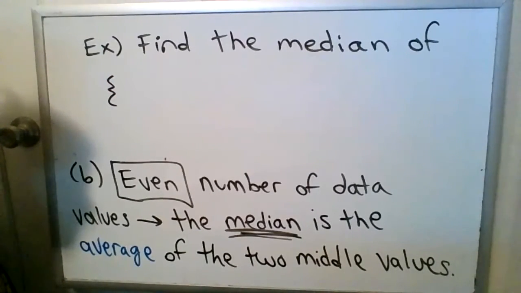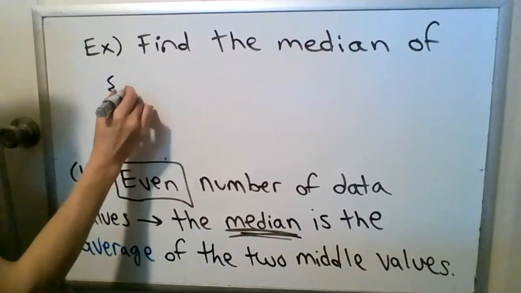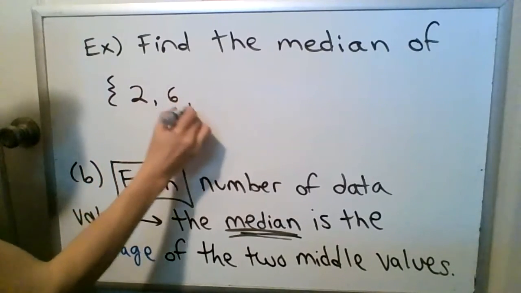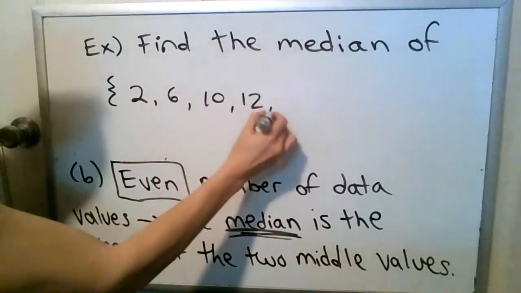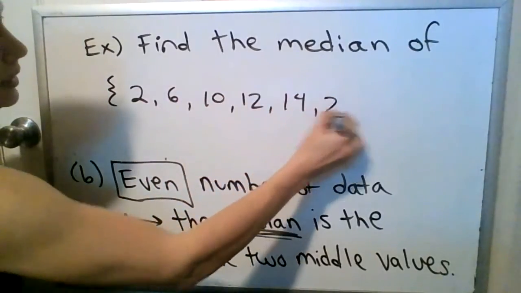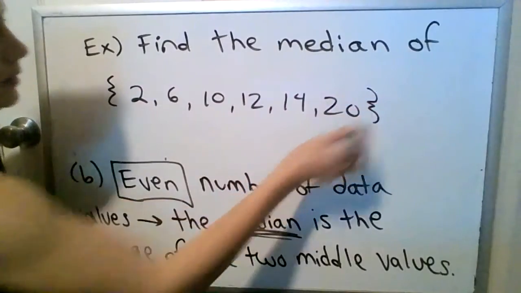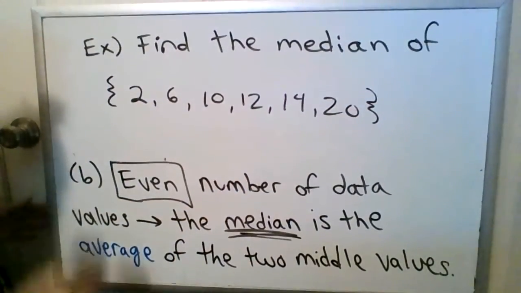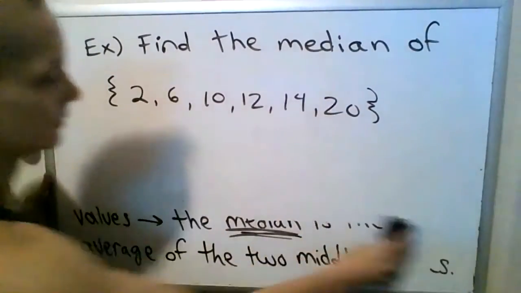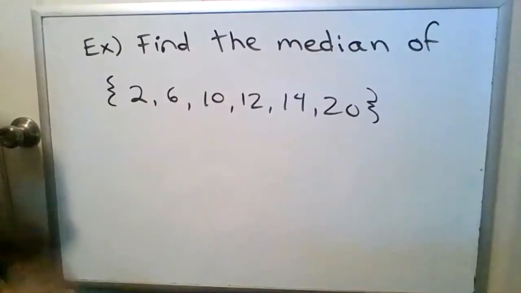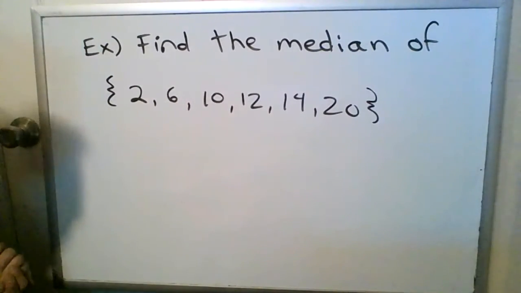The set that contains, we're going to put them in order. 2, 6, 10, 12, 14, and so I took care of the first step for us.